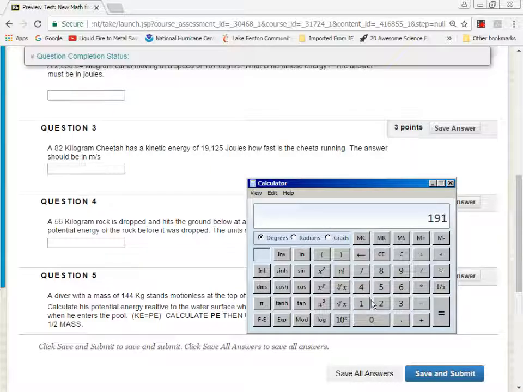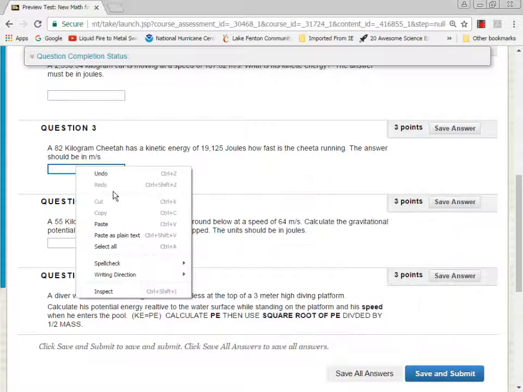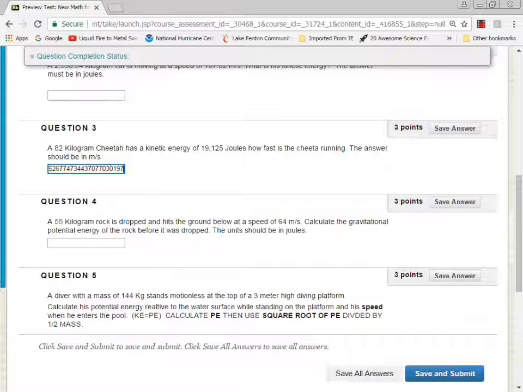So 19,125 divided by, and I always use my parentheses, 0.5 times 82, end parentheses, equals, and then I just hit that square root button. I wonder if I did that correct, because it's been a minute. Let's see if I did that correct or if I just got chubby fingers. We're going to find this out because it'll give you the answers to everything.